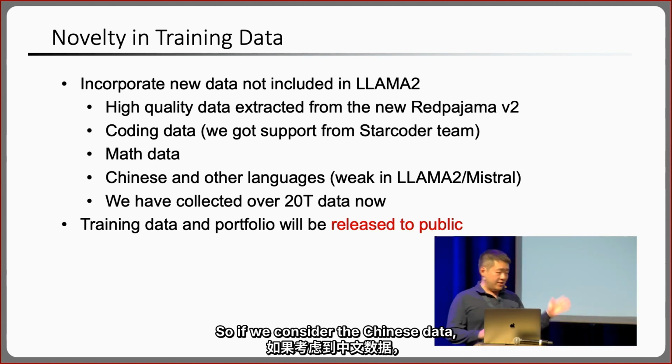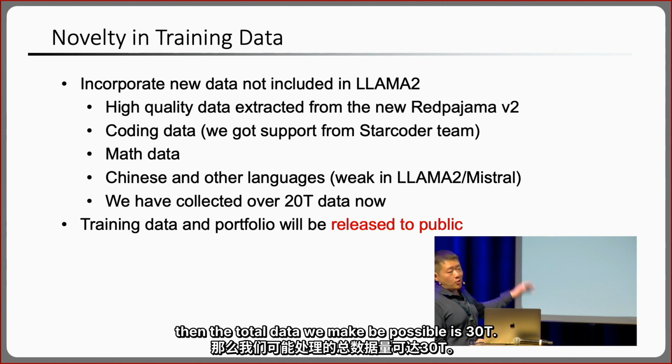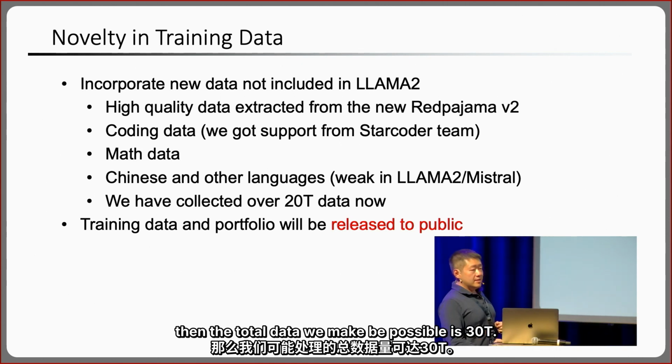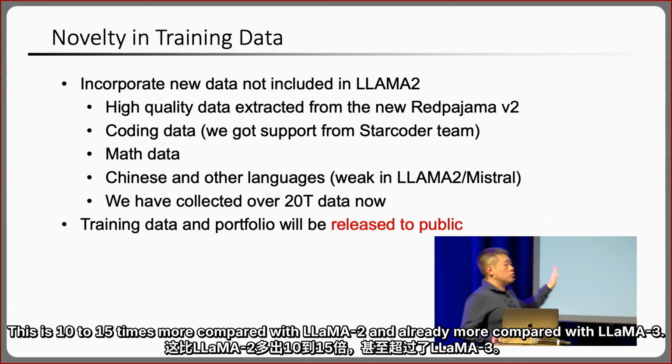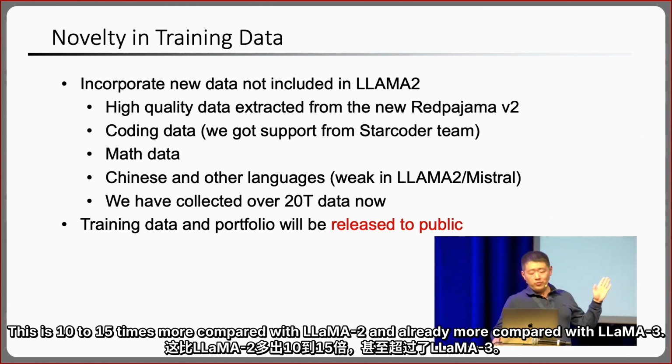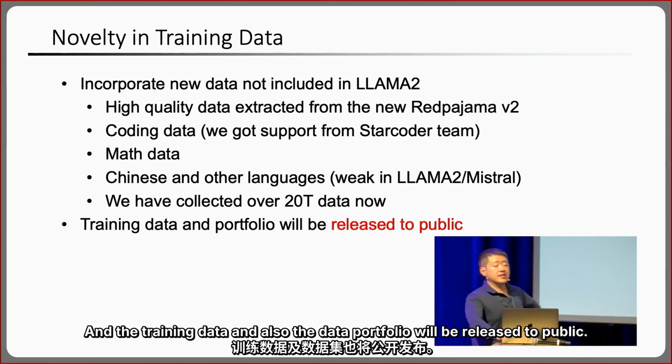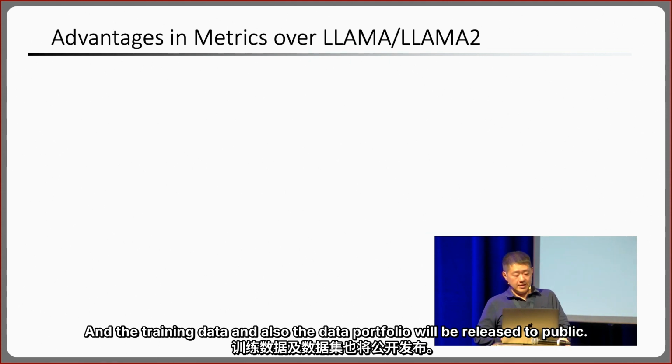If we consider the Chinese data, the total may be 30T. This is 10 to 15 times more than Llama 2, and already more than Llama 3. The training data and the data portfolio will be released to the public.